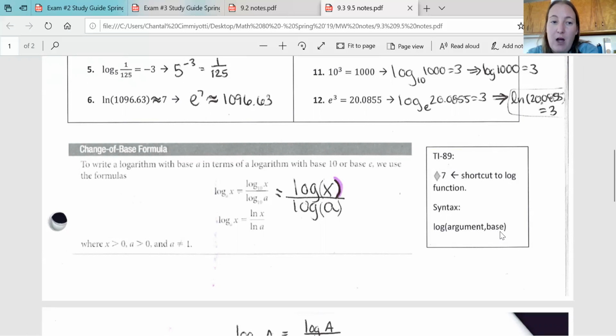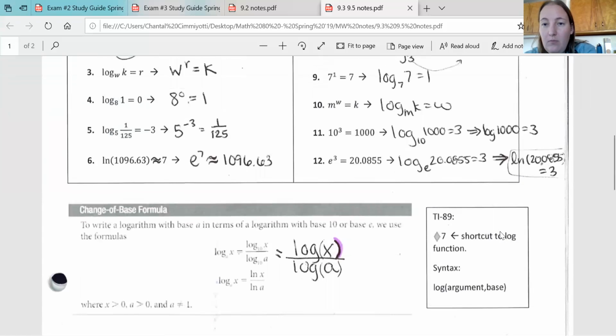So if I wanted to enter something like log base 7 of 7 is 1, you would say log 7, comma 7.